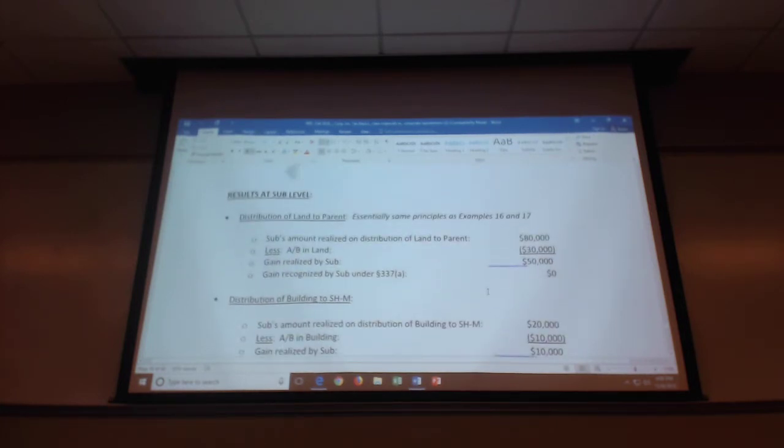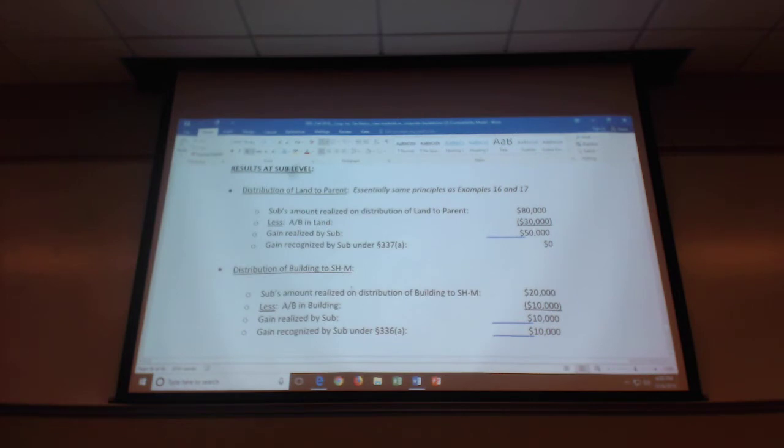What happens at both levels? The distribution of the building to the minority shareholder, unlike the distribution of the land to the parent, is not eligible for favorable treatment.